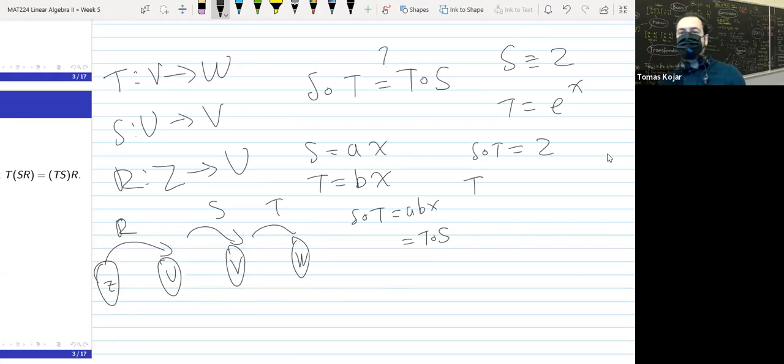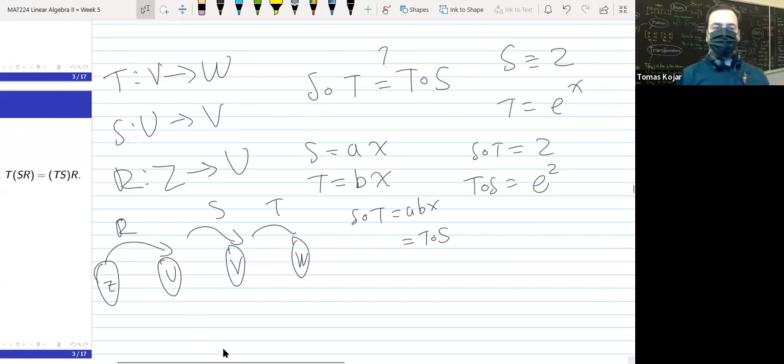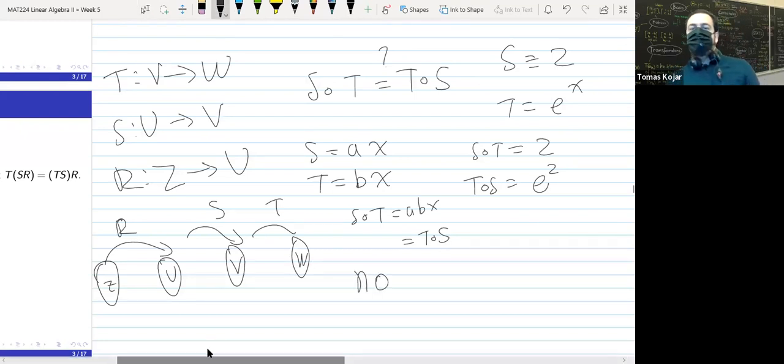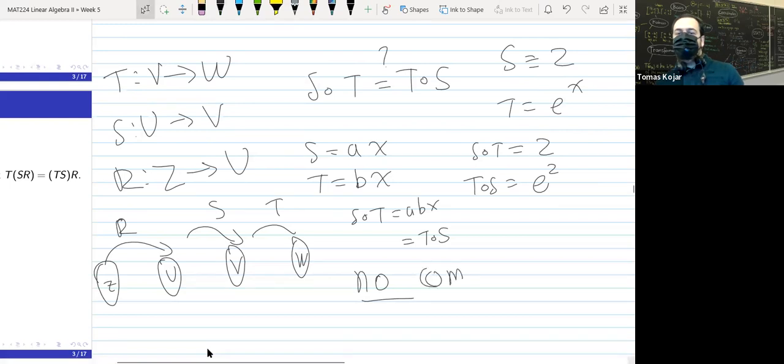And T composed with S is equal to e to the 2. Again a constant function, but a different constant function. It's the stupidest example. So you do not have commutativity for composition. That's why you cannot have a vector space built on composition.